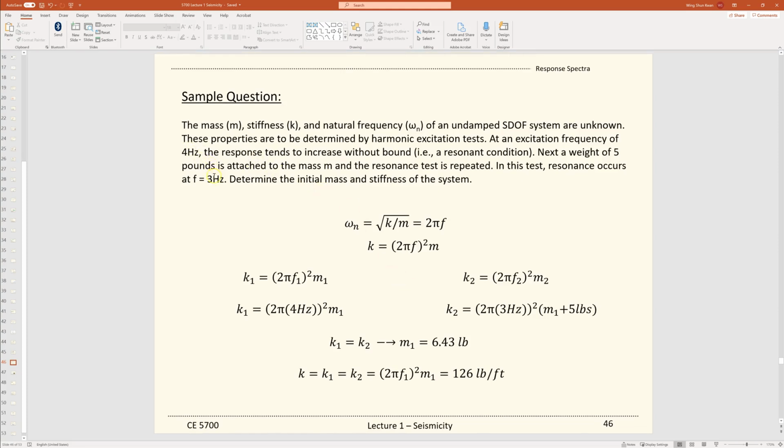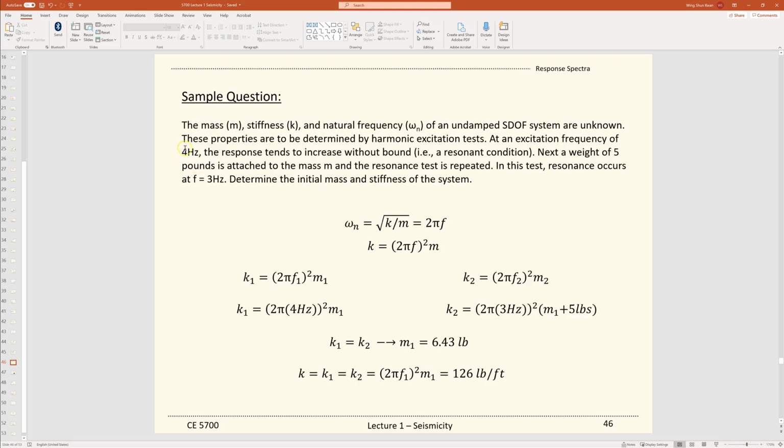So a simple example here. For example, we have a mass, stiffness, and lateral frequency for an undamped SDOF system, and these properties are to be determined by harmonic excitation tests. At an excitation frequency of 4 Hz, the response tends to be without bound, which means that we are at resonant conditions for our tested system.